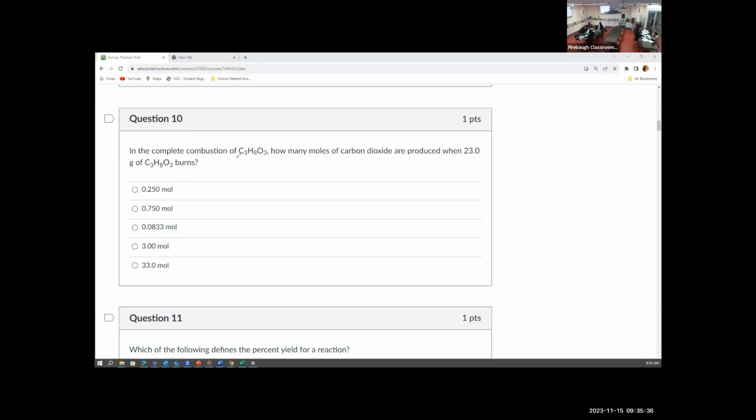So we know my reactants are C3H8O3 plus, it's a combustion reaction. So then what is the other thing that is always required for combustion reactions?